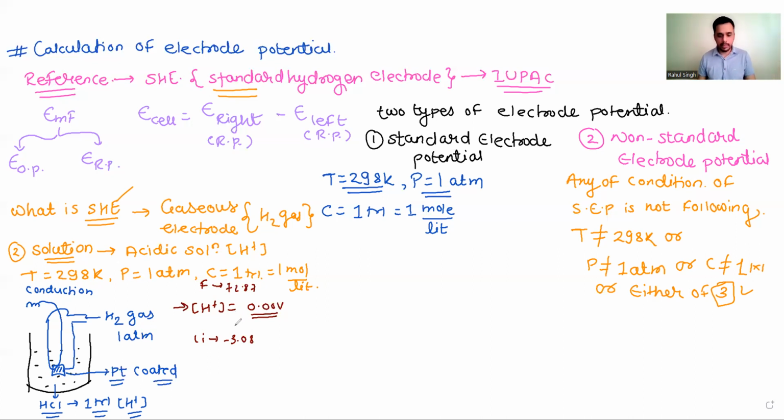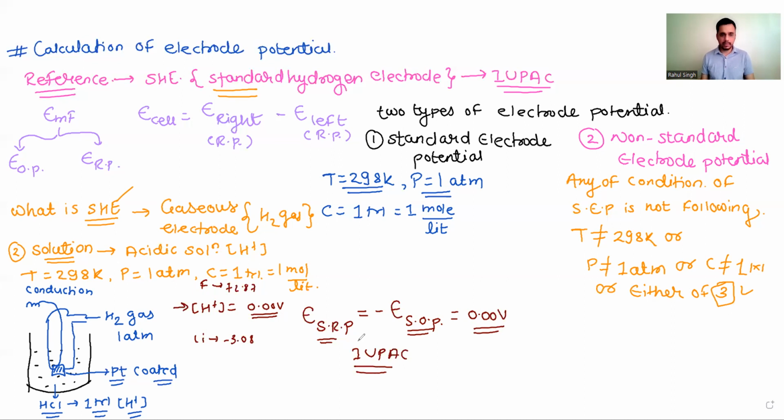This is decided by IUPAC, and the standard reduction potential is equal to minus of the standard oxidation potential. Both OP and SRP are there, and the standard reduction potential for the hydrogen electrode is always 0, as given by IUPAC.